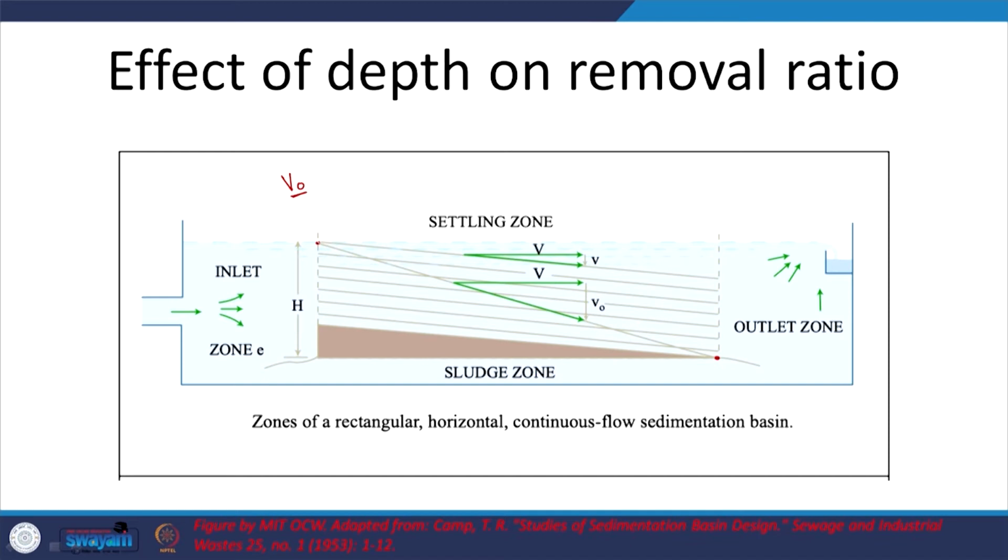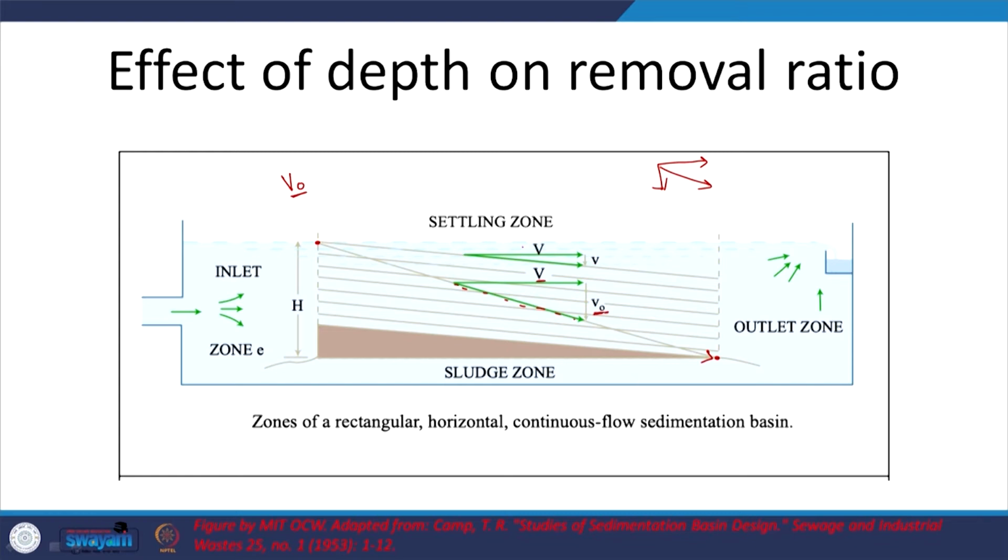This settling velocity is in the downward direction, but the water is taking it in this direction, so the net will be in this direction. This velocity is due to the relevant fluid flow, and this is due to the settling of the particle. So if a particle has settling velocity equal to V naught, it will just be removed.